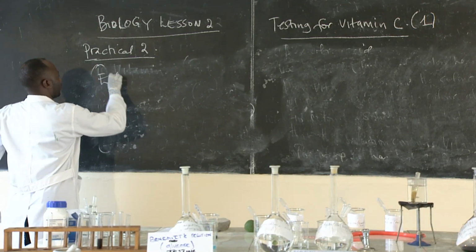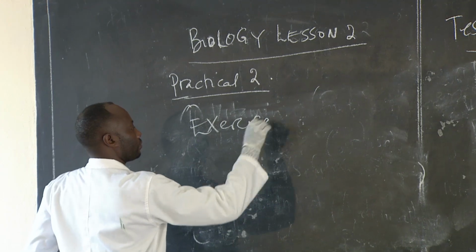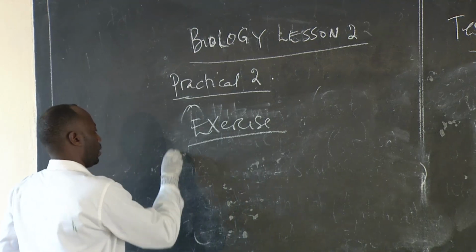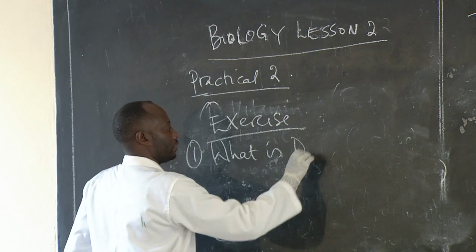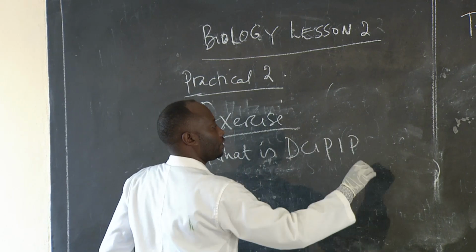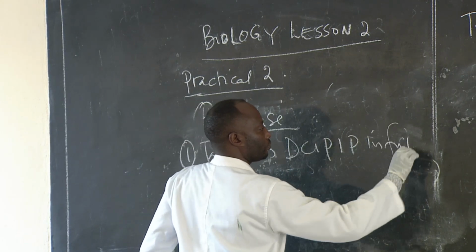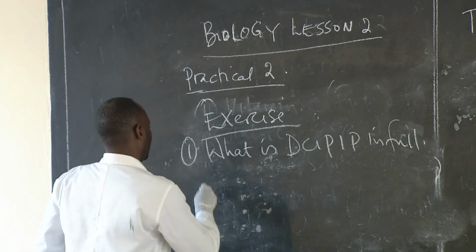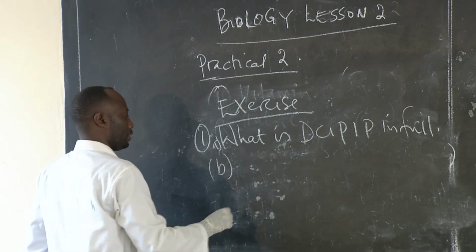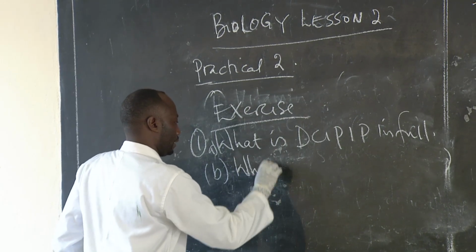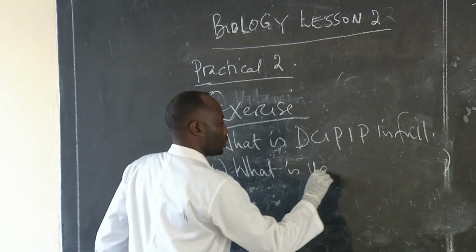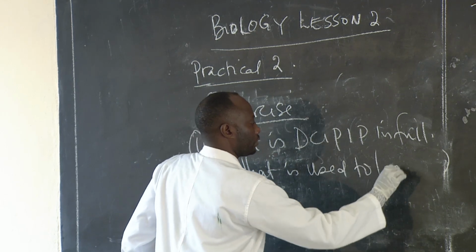Okay. One, what is DCPIP in full? That is A, then B, what is it used to test?